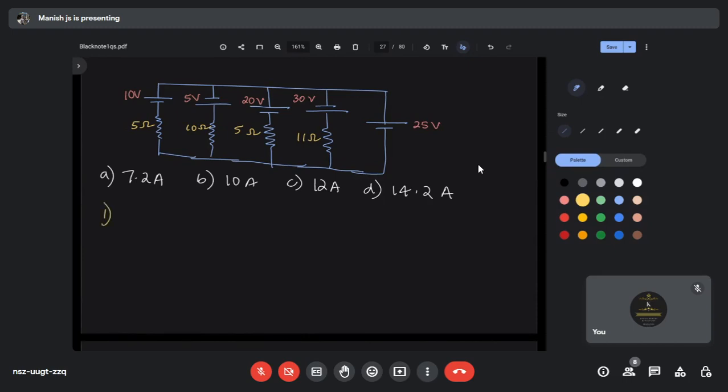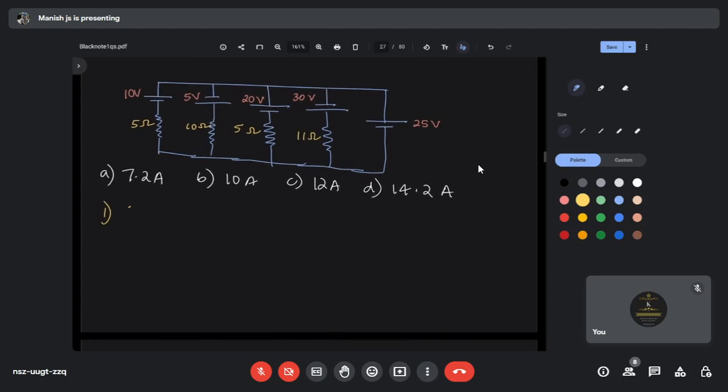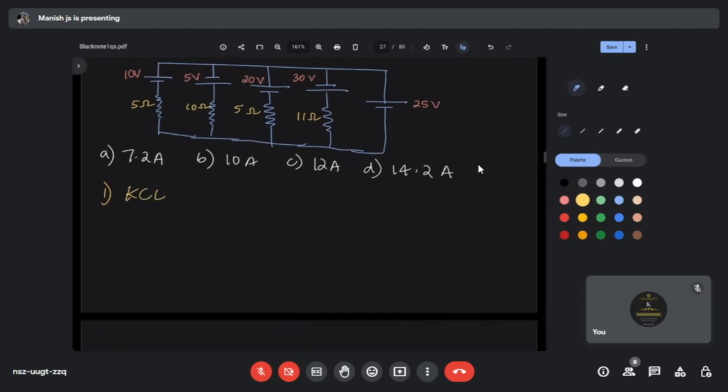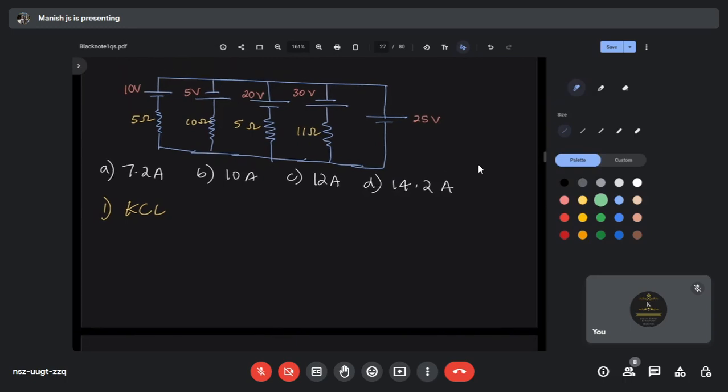What you said is about voltage law. I am asking about Kirchhoff's current law. Current entering is equal to current leaving.